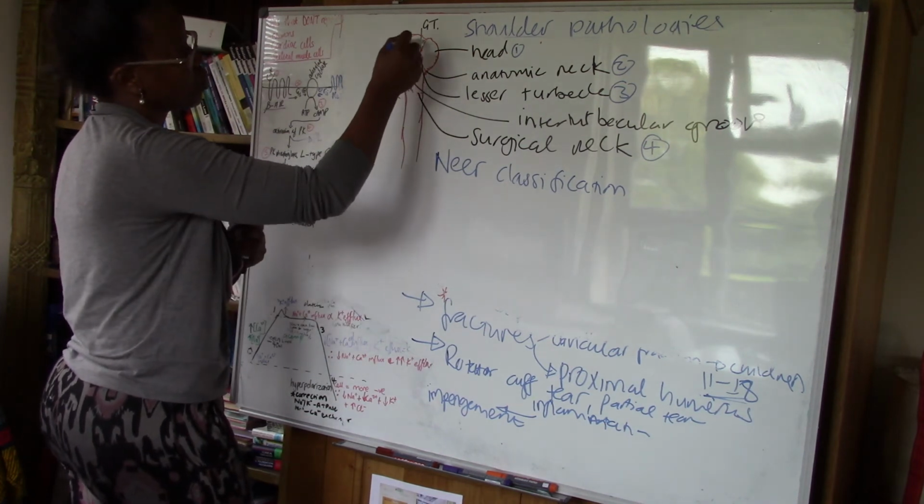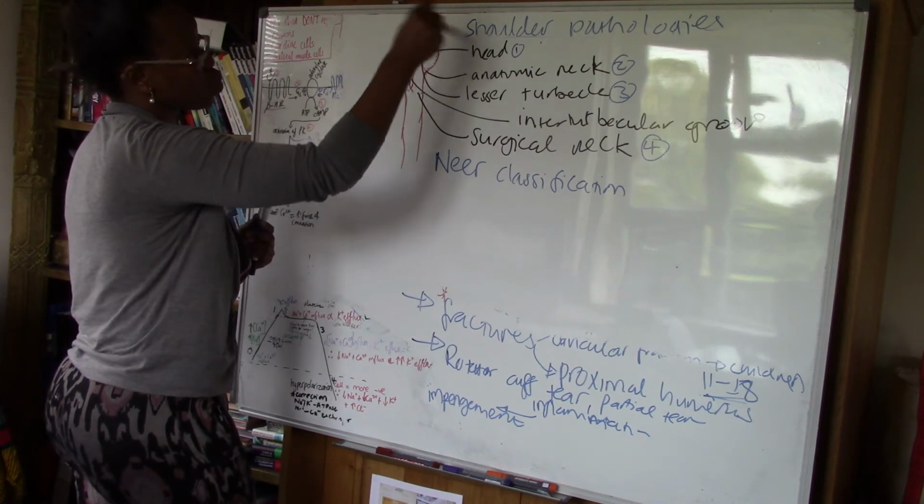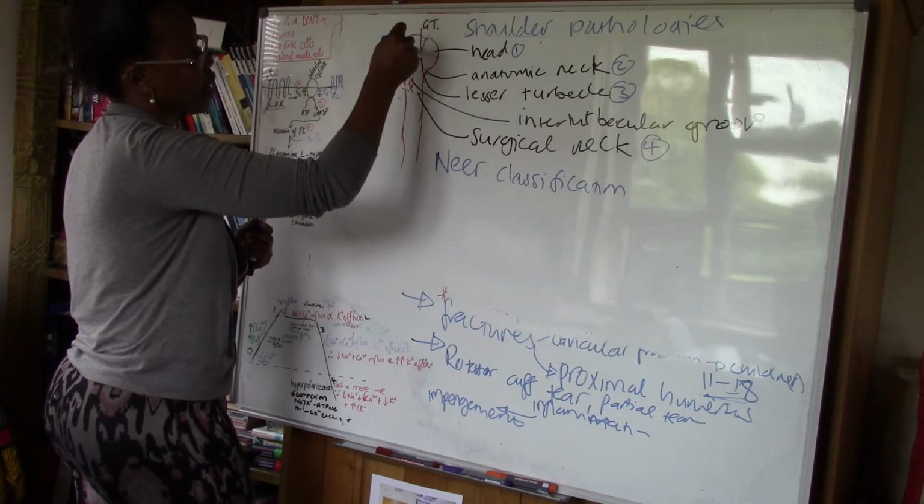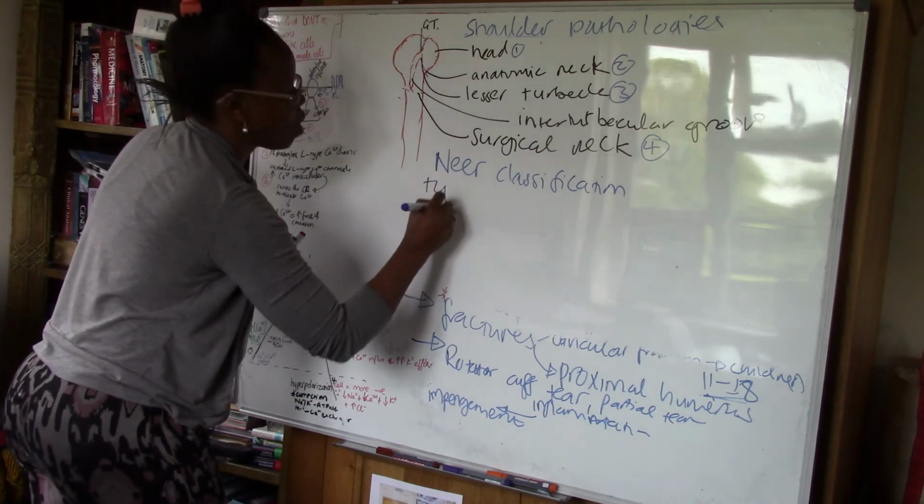For example, a fracture to the anatomic neck would be called a type 1 fracture.